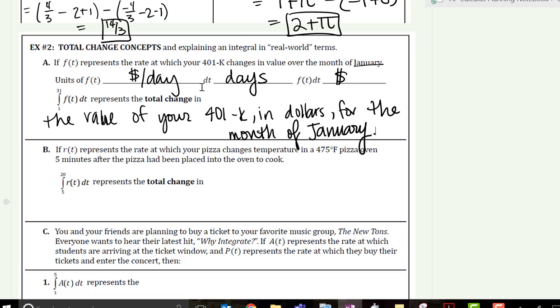So we're looking at that value for the month of January, right? When we integrate that, if f of t is the rate of change, we're working backwards from that rate of change and we're going to that value.